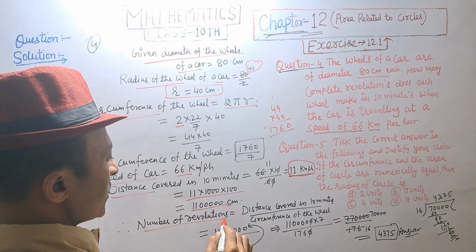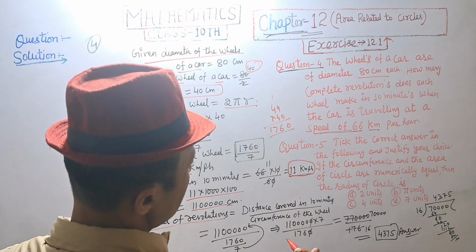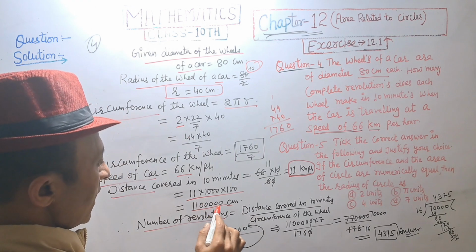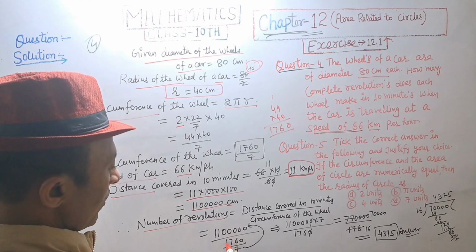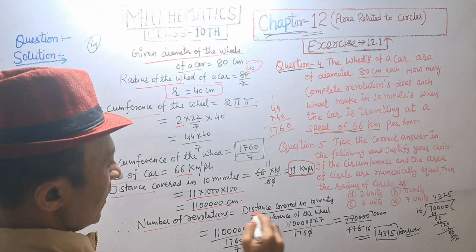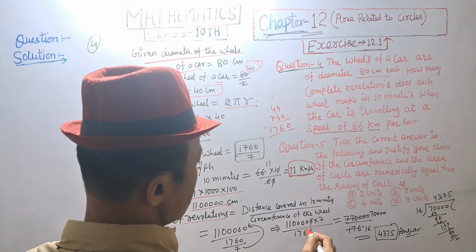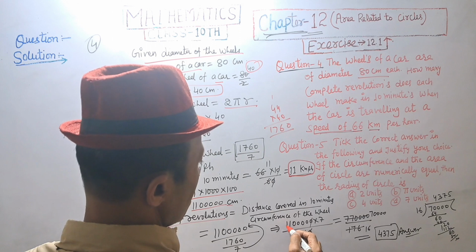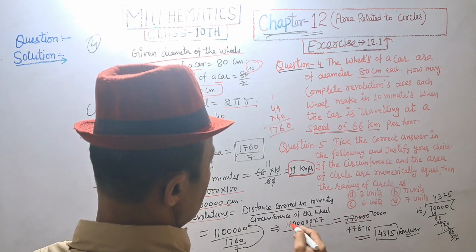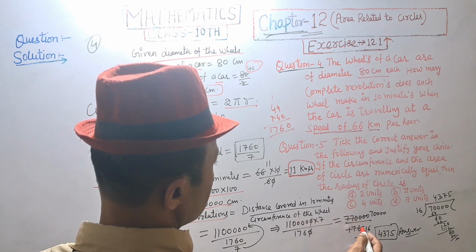Number of revolutions is equal to distance covered in 10 minutes divided by circumference of the wheel. Distance covered in 10 minutes is 11 lakhs divided by 1760 upon 7. 7 multiplying by numerator and dividing by 1760, 0 is cancelled, 77 multiplied by 1000 divided by 176.